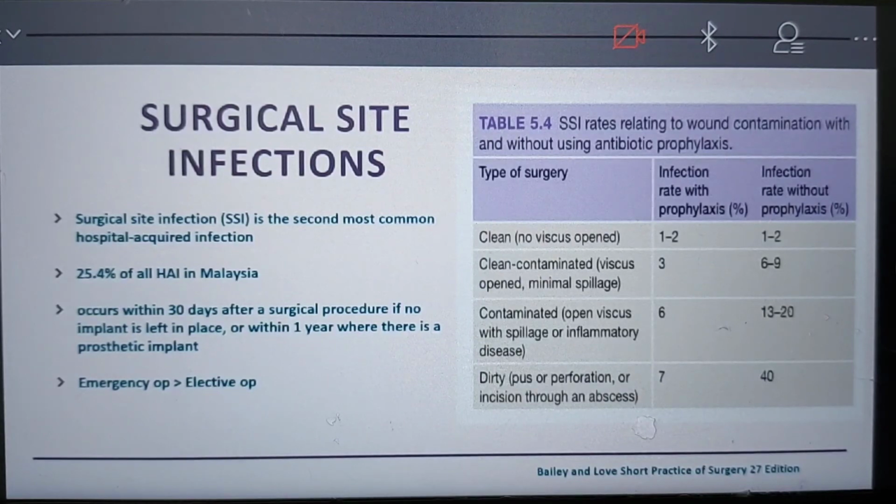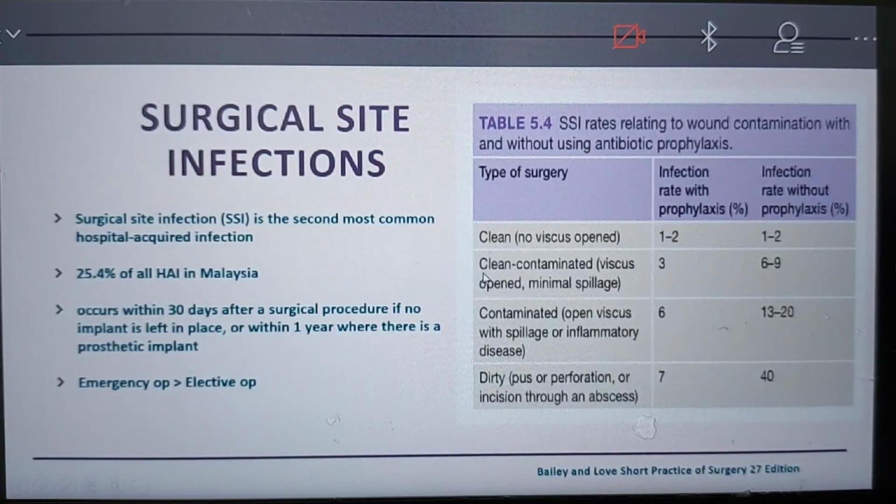As you can see in this table, we can see the infection rate with prophylaxis versus the infection rate without prophylaxis. In clean surgery, the infection rate with antibiotic prophylaxis is only 1 to 2%. Without prophylaxis is the same. But in clean contaminated, the infection rate with prophylaxis is 3%, but without antibiotic prophylaxis is 6 to 9%.